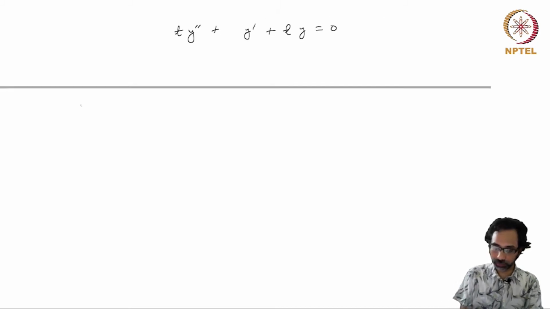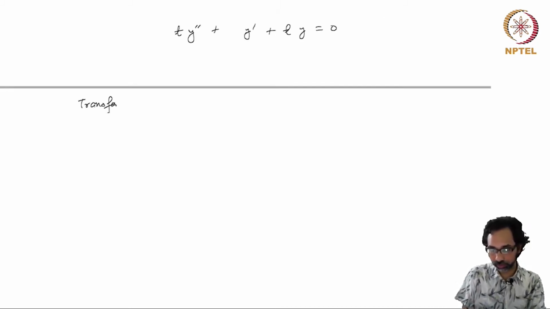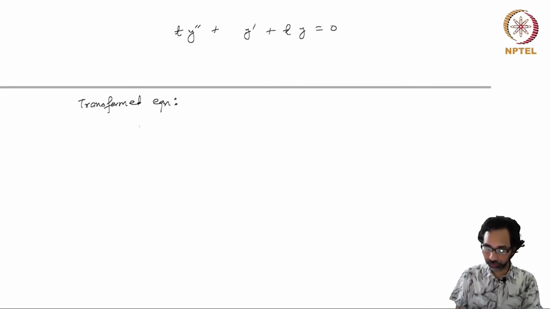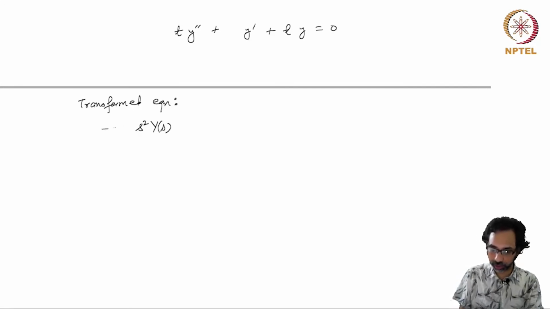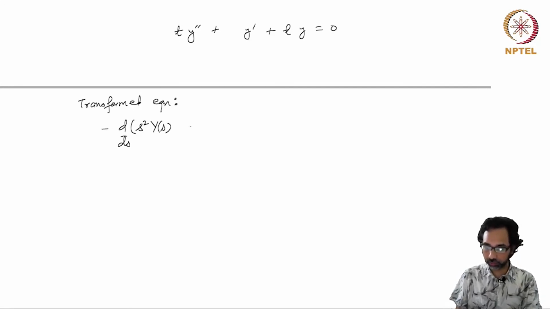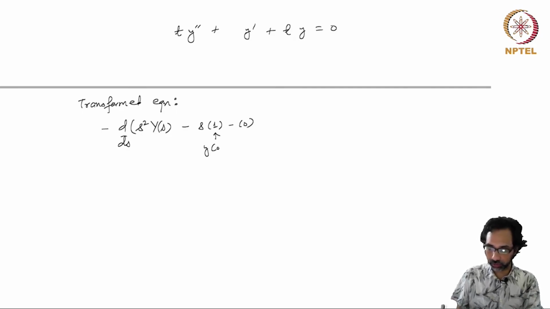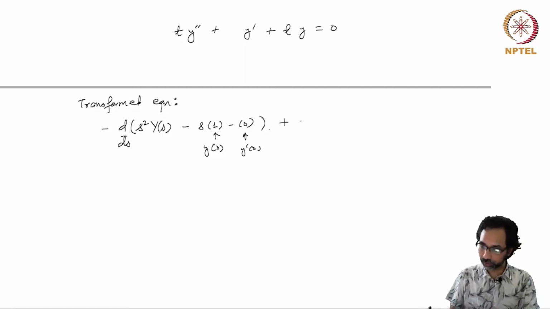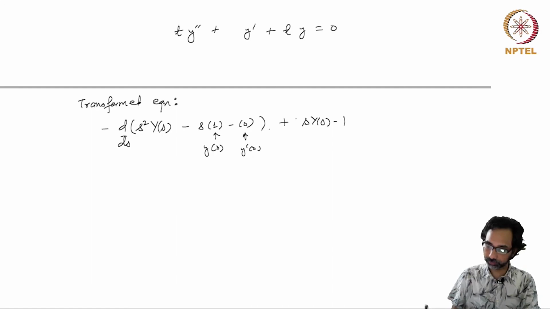So let's take the transformed equation. The first term gives minus d over ds of (s squared Y(s) minus s times 1 minus 0), where this is y(0) and this is y prime(0), plus sY(s) minus 1, plus minus d by ds of Y(s).